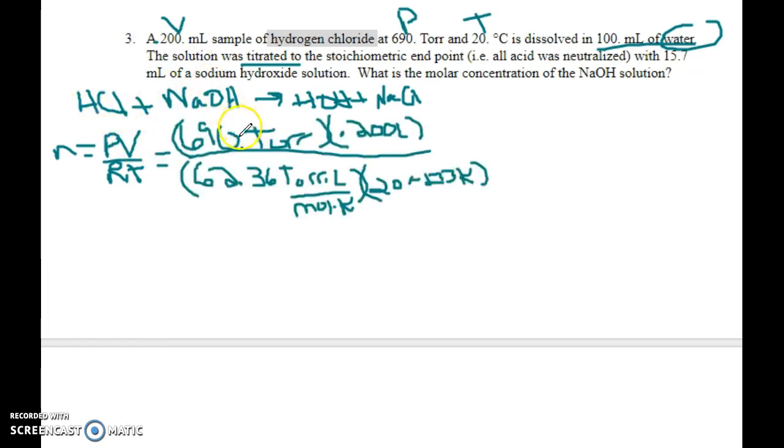When I substitute in, I'm going to have 690 torr times the 200 milliliters, which has to be converted to liters. I didn't show the bridge problem. If you need to show that, that's fine, but you can mentally do that. That's going to convert to 0.200 liters. Since they gave it in torr, I'm going to use the 62.36 R value to get my torrs to cancel.